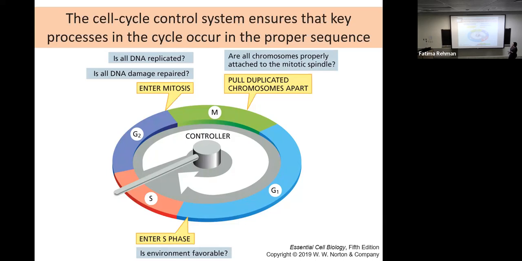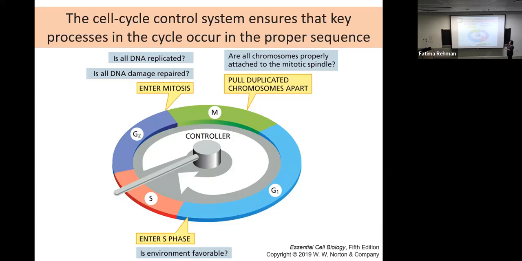And so what that trigger will do is shift the cell into S phase. And that's basically looking at, is the environment favorable? Does the environment require more cells of my kind? And is it favorable for cell division? Are there enough nutrients in the environment? Are there enough growth factors in the environment? And then it would move into the S phase.